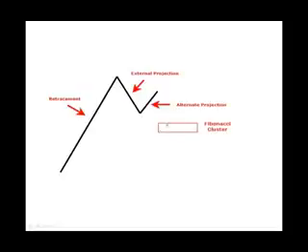And what that will give us is a cluster point at this lower level down here. So impulse A, B, and C, this is what we're trying to figure out where the complete correction will terminate, and that will give us a good buying point. And the more of these projections and external retracements we can get, the better idea we can get at this point for a buying opportunity.